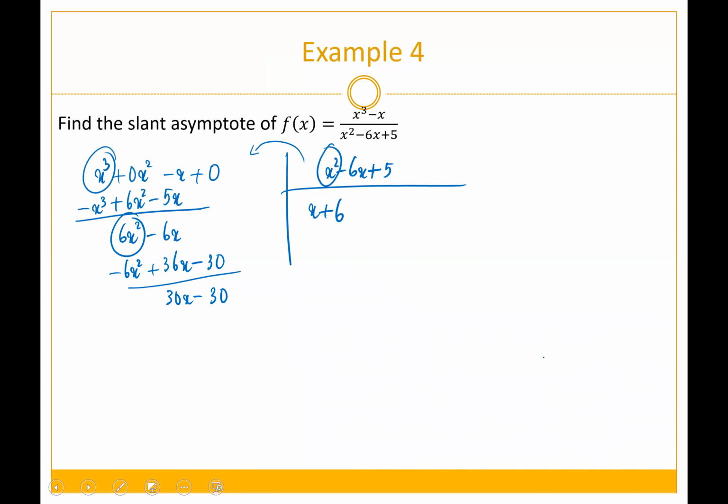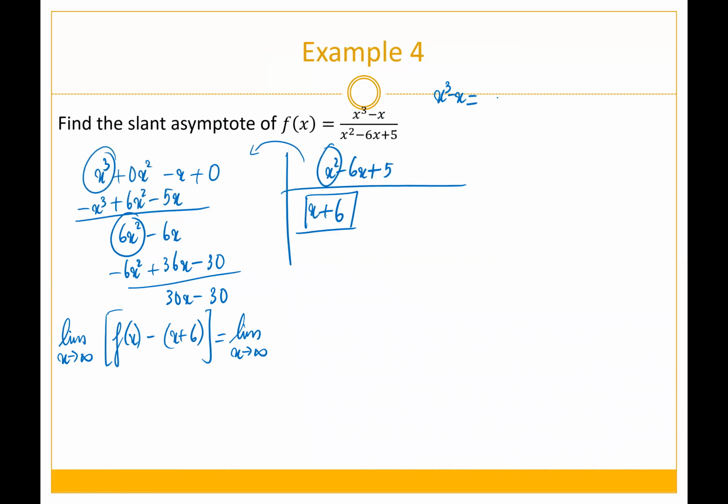So we have the limit as x approaches infinity. This is going to be your function for the slant asymptote: the limit as x approaches infinity of f(x) minus (x plus 6). Basically, from this long division, I rewrite x cubed minus x as (x plus 6) multiplied by (x squared minus 6x plus 5) plus 30x minus 30.